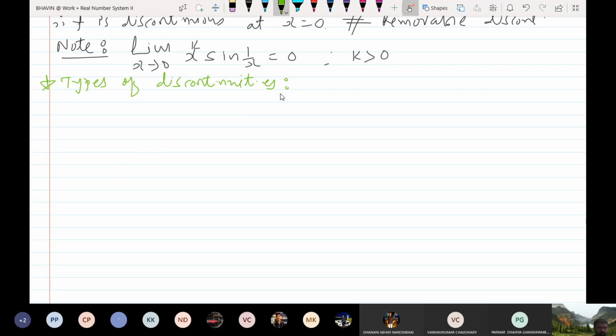These are the cases that occur if f is not continuous at a.